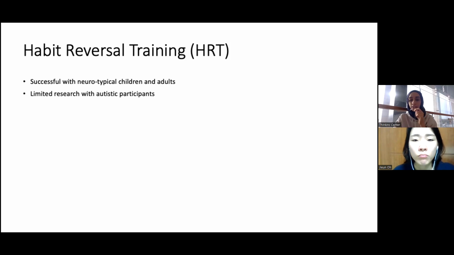It has been suggested that motivational problems and stimulus control problems often account for failure of habit reversal training in these groups. So because individuals with autism don't have the motivation to reduce that behavior, and they don't have the stimulus control to be able to reduce that behavior, we don't have as much research with the autistic population.